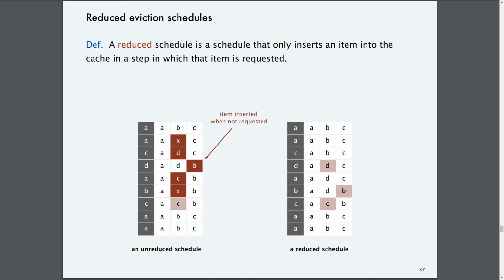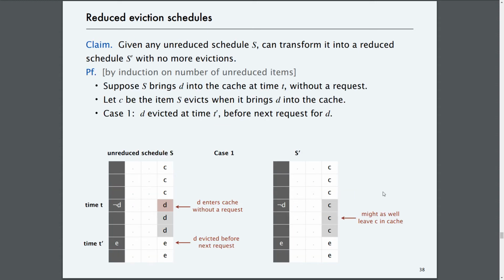But B isn't requested until this step, so we might as well just wait with it until B is requested, right here. So that'll be a reduced schedule. And given any unreduced schedule, we can transform it into a reduced schedule without increasing the number of evictions.